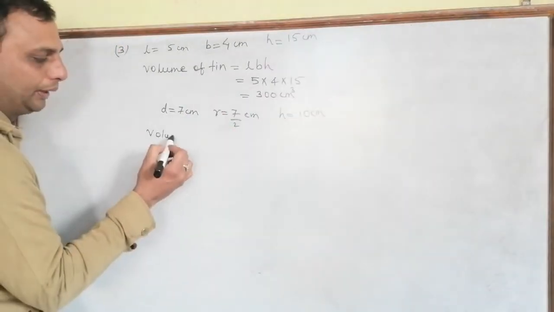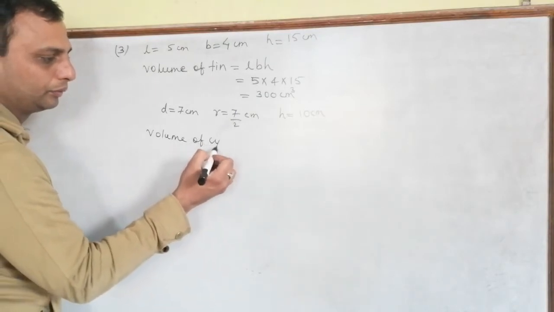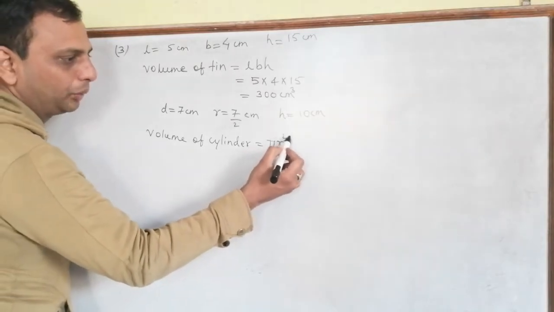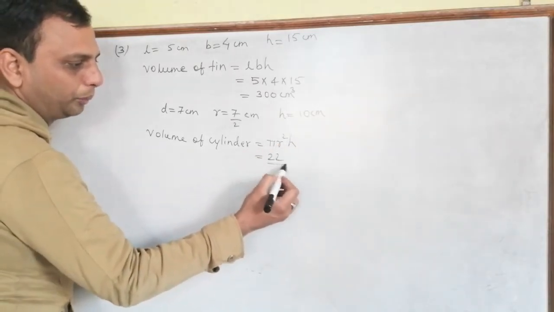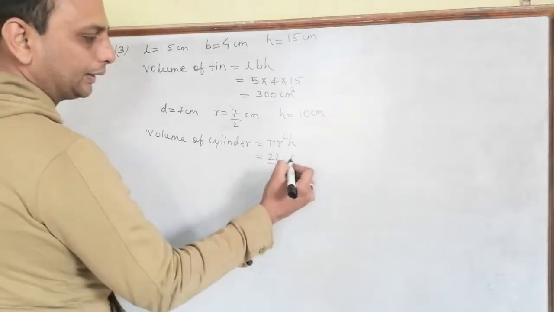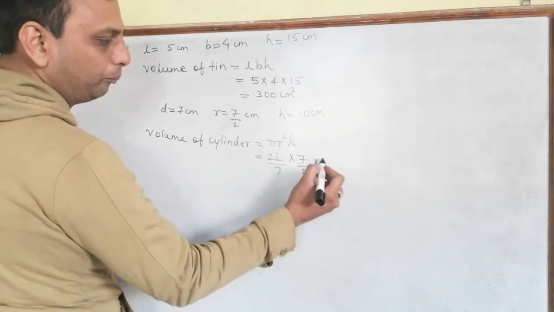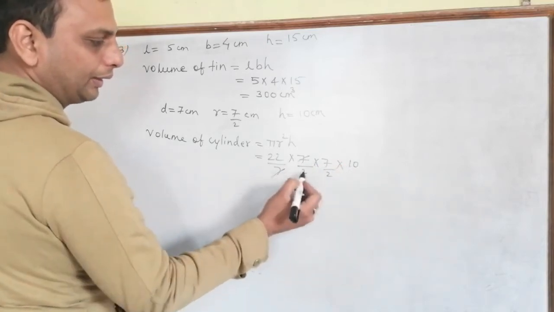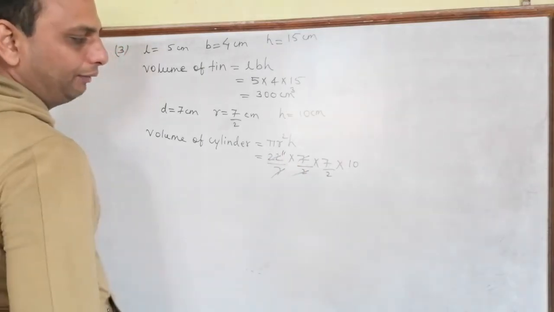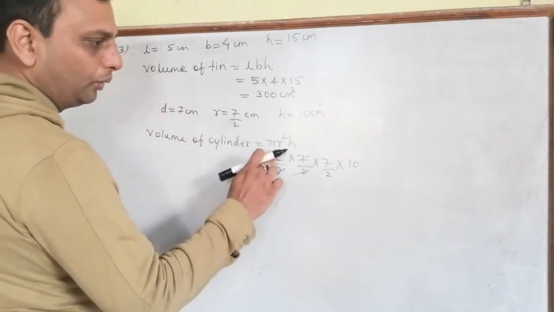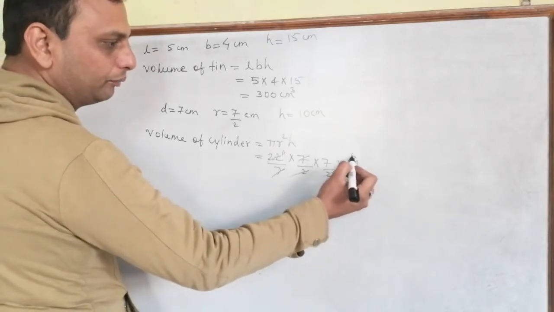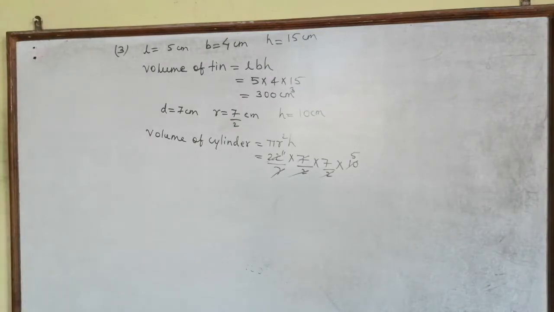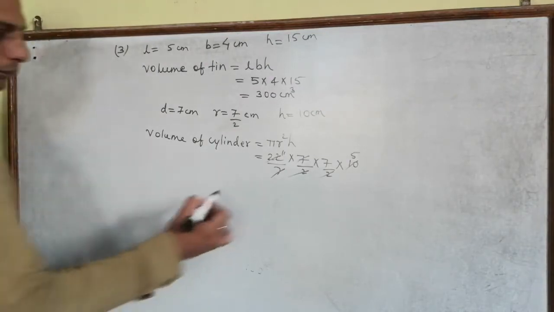So the volume of the cylinder is pi r square h, 22 upon 7 multiply 7 upon 2 multiply 7 upon 2 multiply 10. The 7s cancel, and the 2 will cancel with the 10, leaving 5. 77 multiply 5 is 385 centimeter cube.